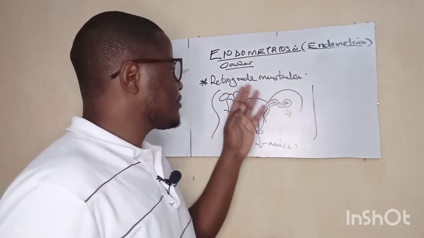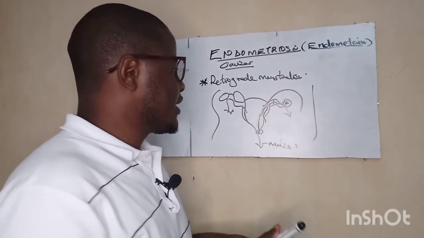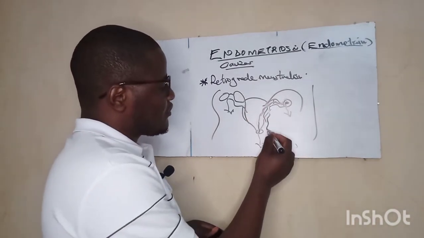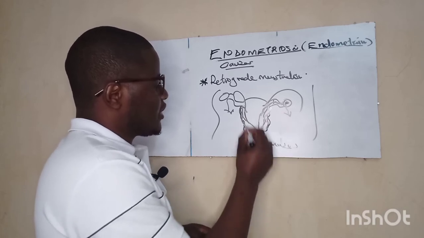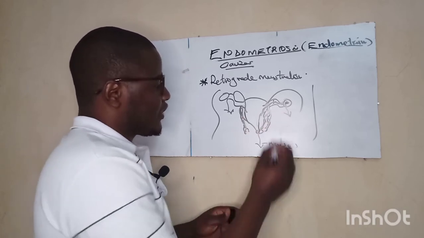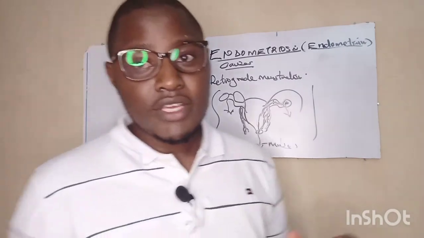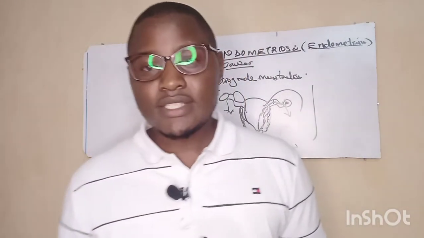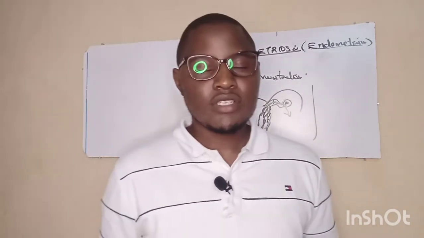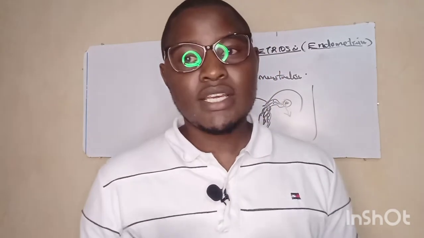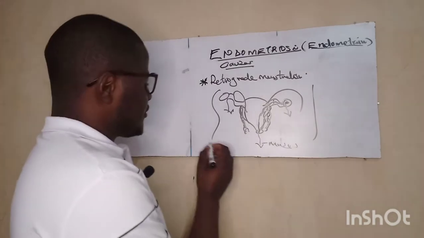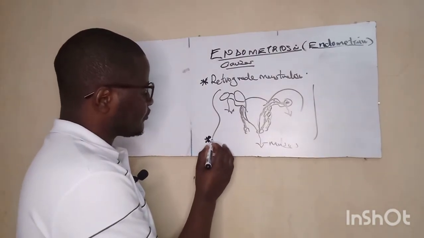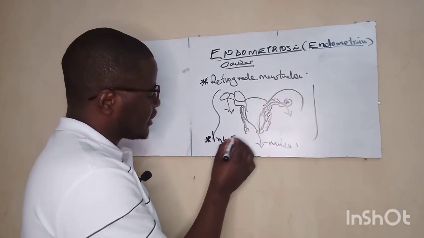If these menses continue to flow back, they will attach themselves here, causing the growth of the endometrial layer on the outer side of the uterus. That is one cause believed to cause endometriosis. Another cause is that it can be inherited.